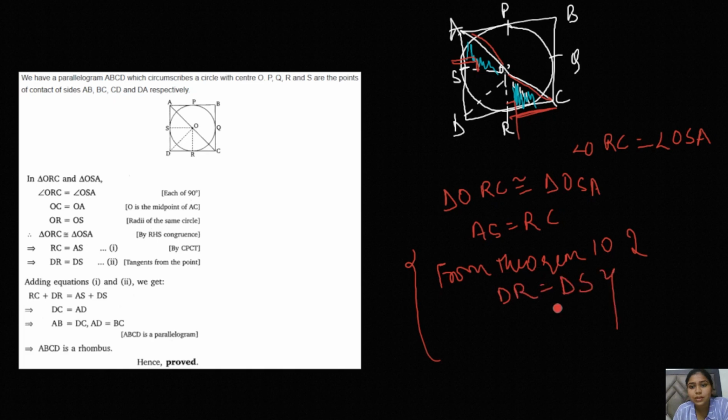Let's add both of them. You can write DS is equal to DR. AS plus DS is equal to DR plus RC. You will get AD is equal to CD.